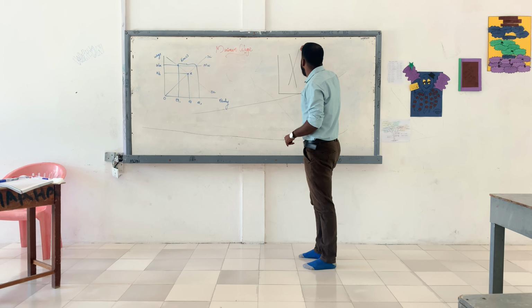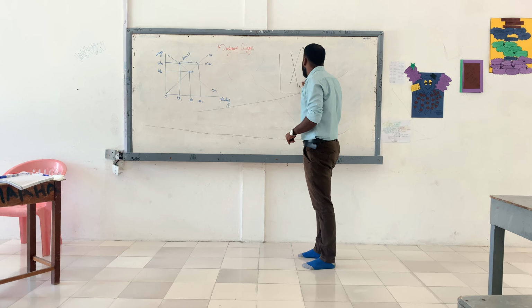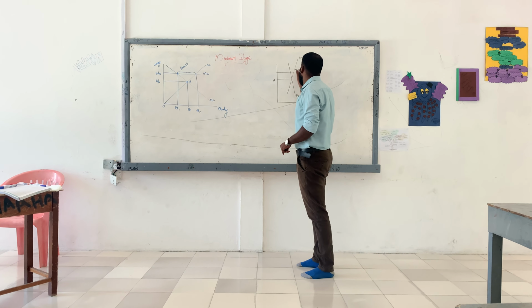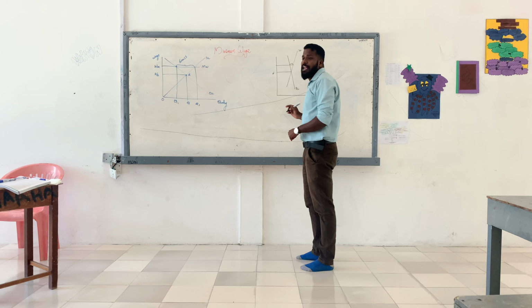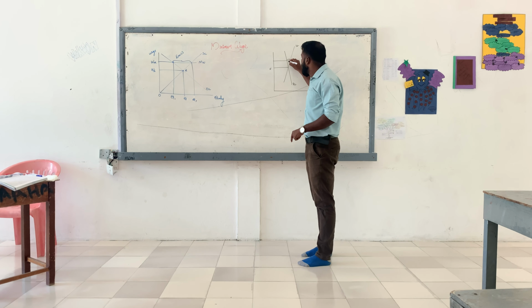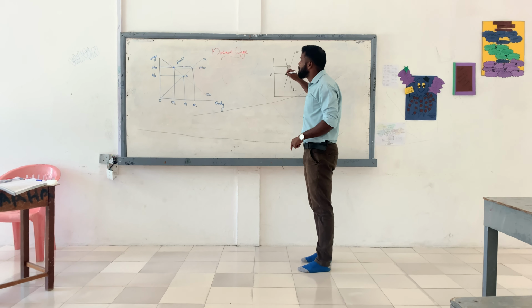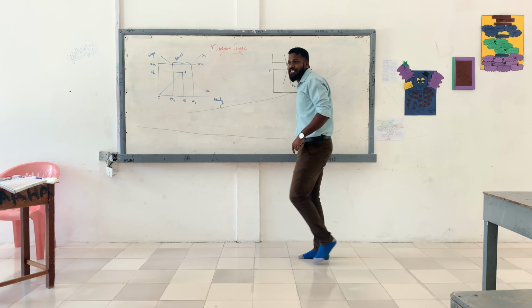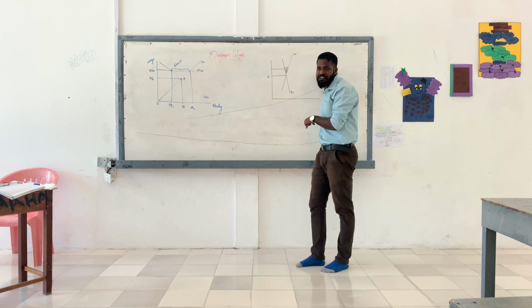This is supply of labor and this is demand for labor. If this is the wage rate and the government fixes the minimum wage rate, what is the level of unemployment? Only a small portion. This portion is very small, but here the unemployment portion is very high. So you can use this as your evaluation.